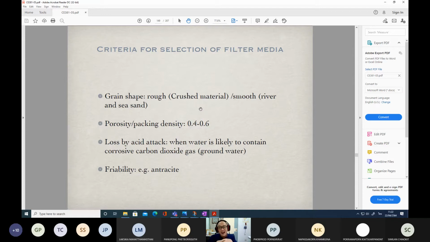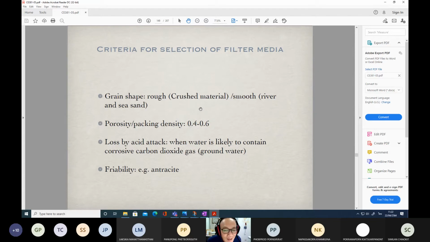If we put something in the pipe, it reduces the cross sectional area, and if the cross sectional area is reduced, the velocity will increase. Increase of the velocity results in increase of the head loss. Okay, the head loss will increase.